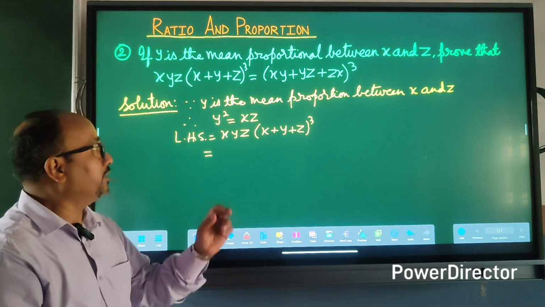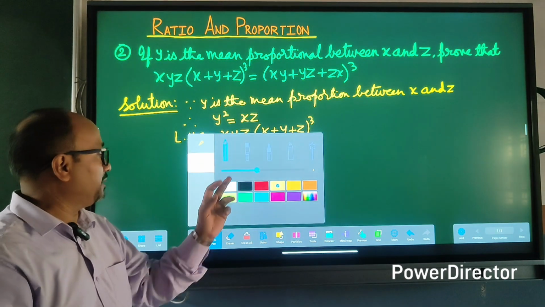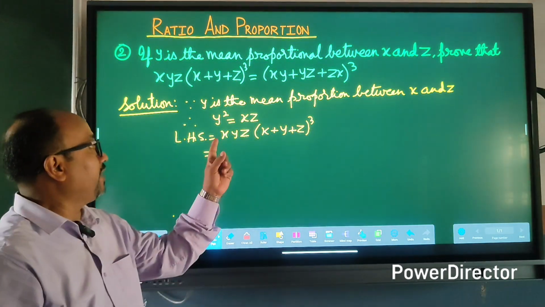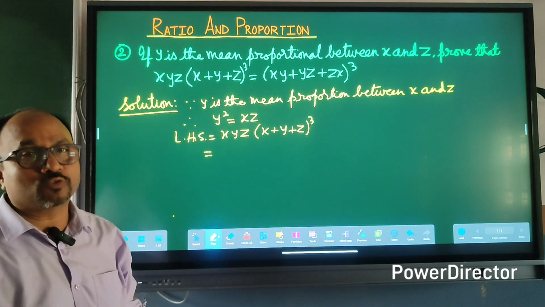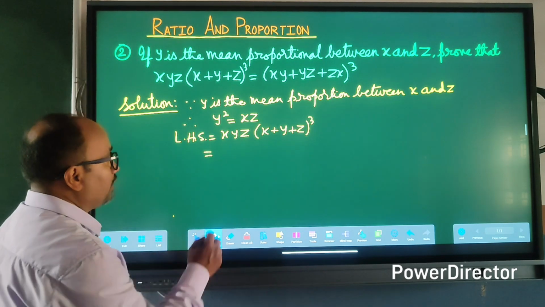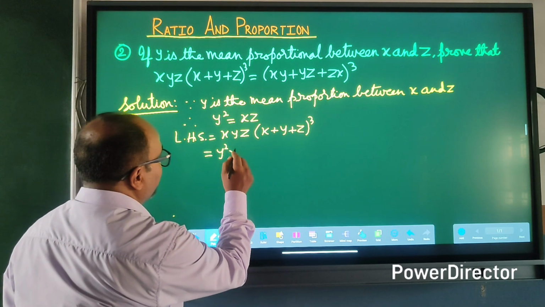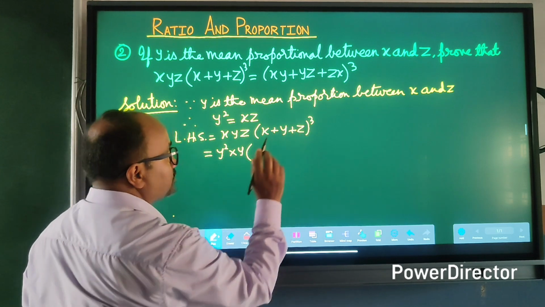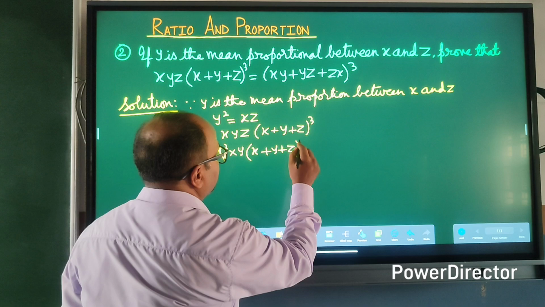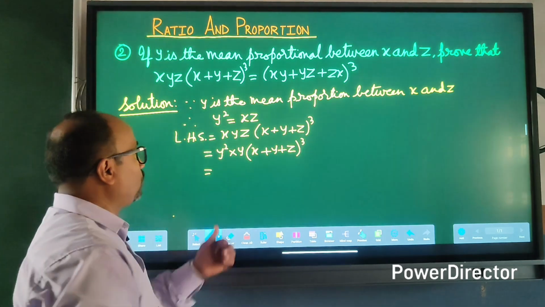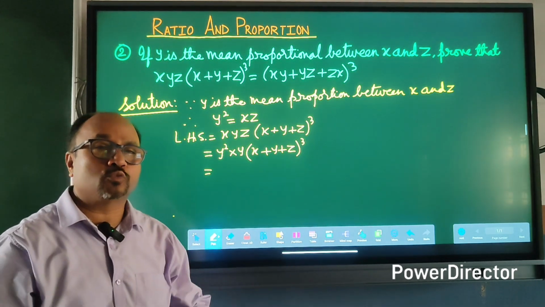Now take a look here, we have xz present. Xz has a value y square. So I will write here y square into y, and this one will be written as it is. Now y square into y becomes y cube.